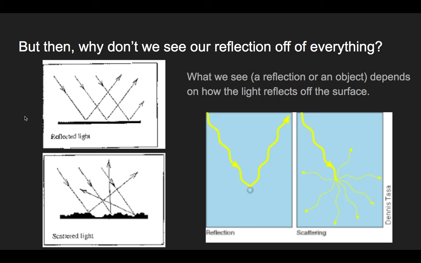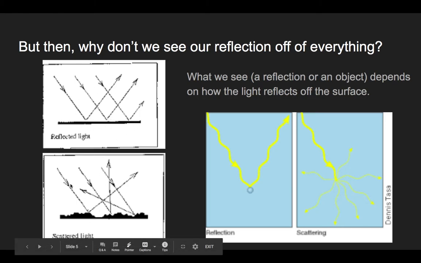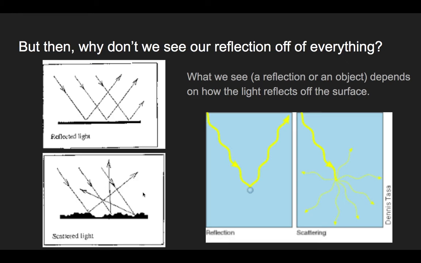Mirror, because a mirror is very smooth, or like a large body of still water. Most objects are not that smooth, and they're more craggly, so when light hits them, it bounces off in every which way. This causes the light to be reflected in very scattered ways, and that's what we call scattering.